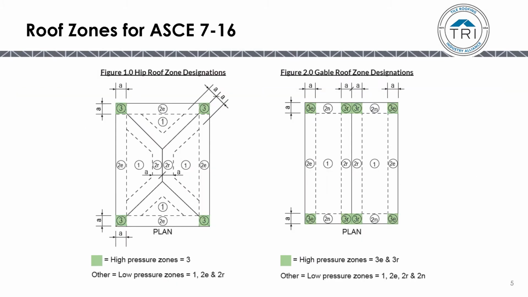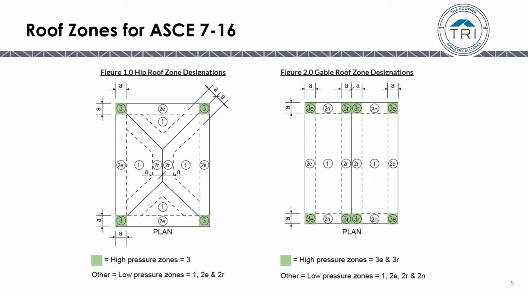Let's look at the roof zones for ASCE 7-16. In Figure 1, hip roof, you'll see 4 different zones: Zone 1, Zone 2E, Zone 2R, and Zone 3. In Figure 2, gable roofs, you'll see 6 distinct zones. In the manual, they have divided these zones into either a low pressure zone or a high pressure zone.